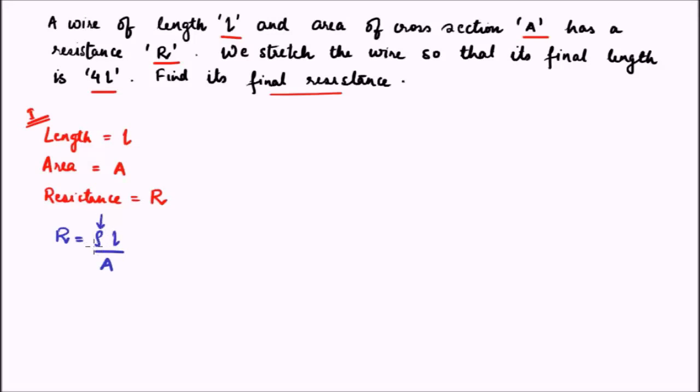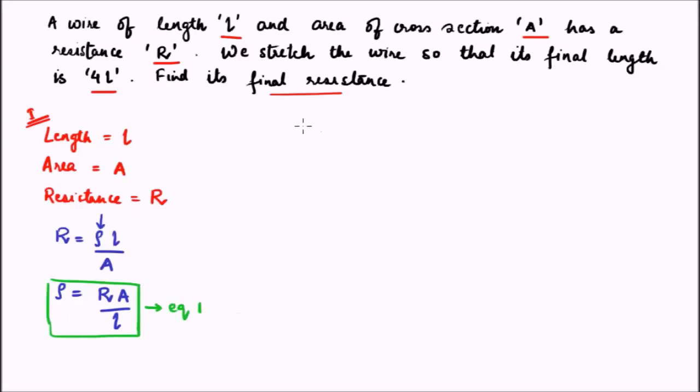So even after stretching the material, rho will remain constant. Let me find out what rho is. Rho will turn out to be R multiplied by A divided by L. This is my rho for the material, which will remain constant. Let's say this is equation number 1.